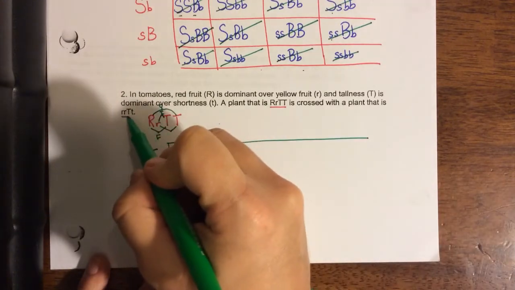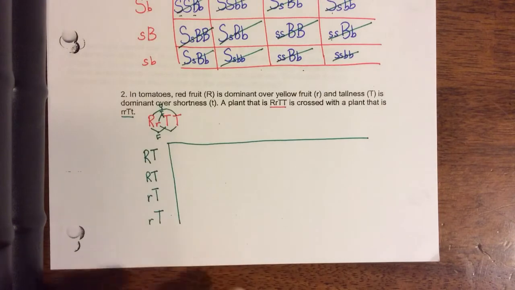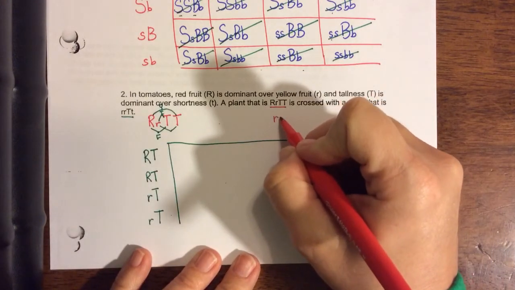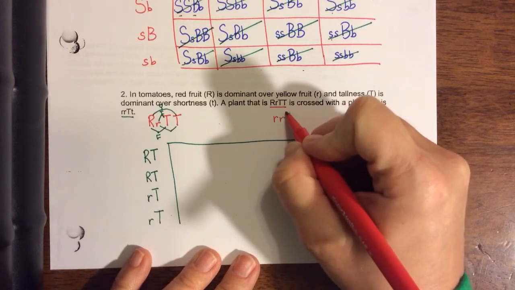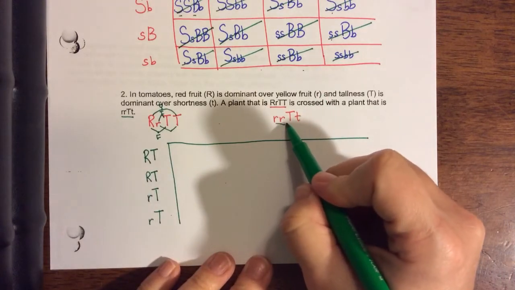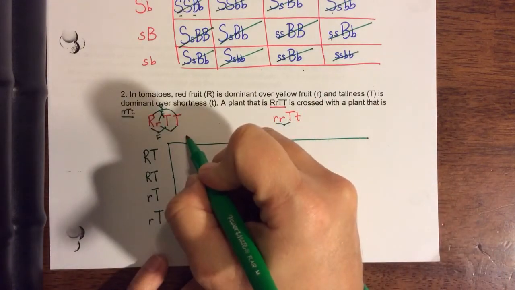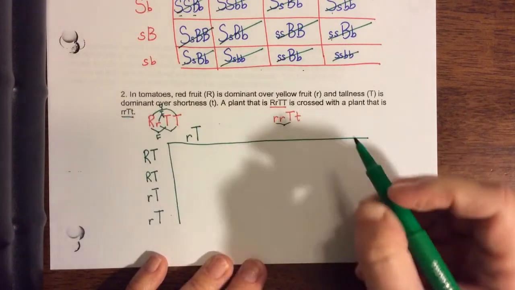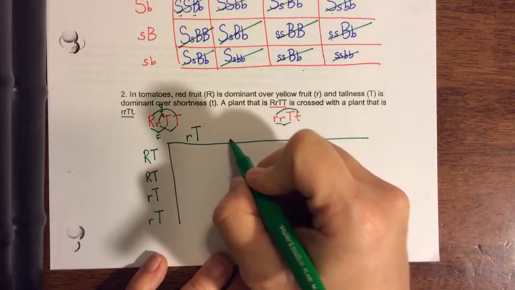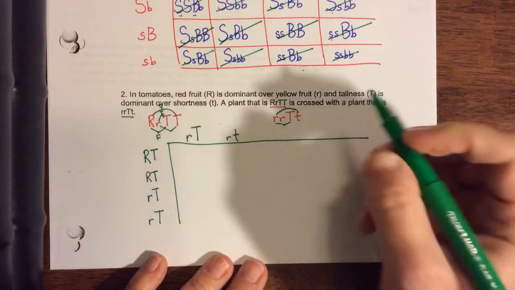Then let's do the other parent, which is little r, big T, little t. So let's FOIL that. Our first terms of the pair are little r, big T. The outside terms of the pair right here, little r, little t.